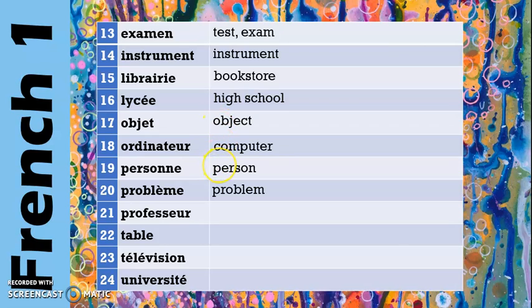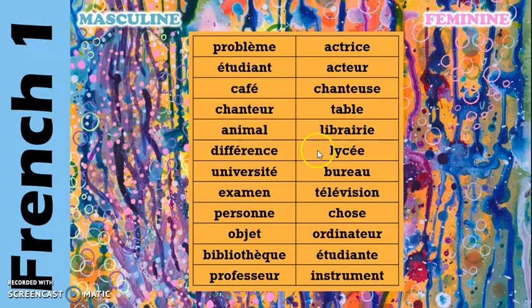Problème, problem. Professeur, professor. Table, table. Télévision, television. Université, university. Okay? Masculine or feminine? Well, here are all those words right now, and I'm going to show you which ones are masculine and feminine. And you'll see just how random these can be.